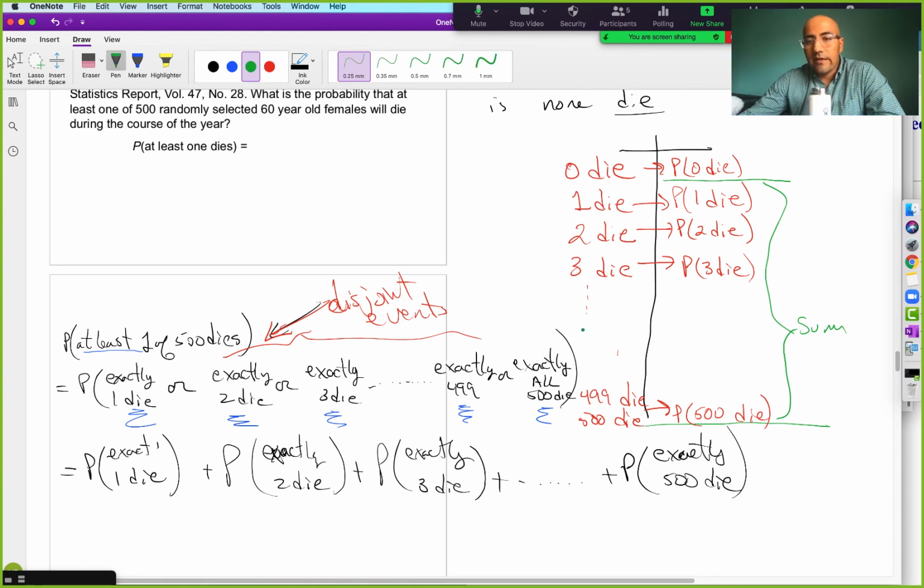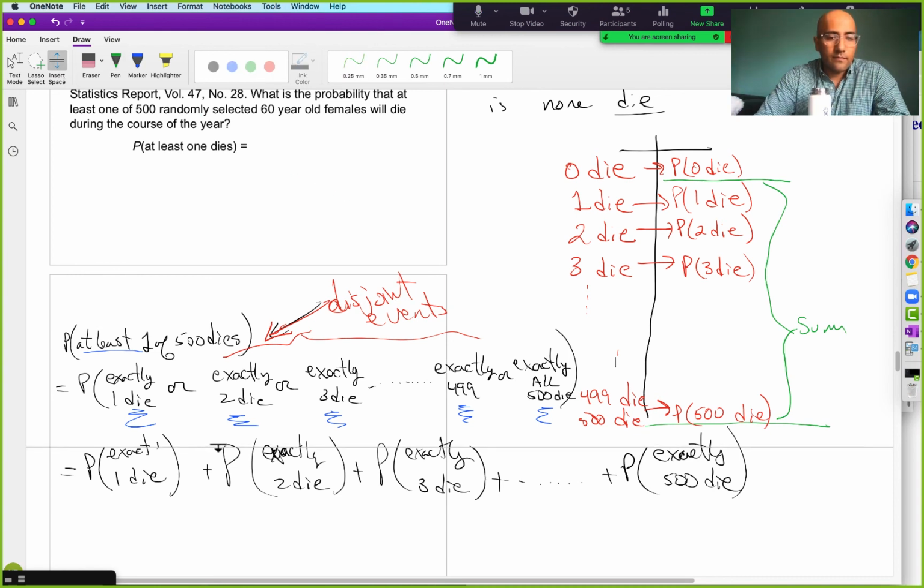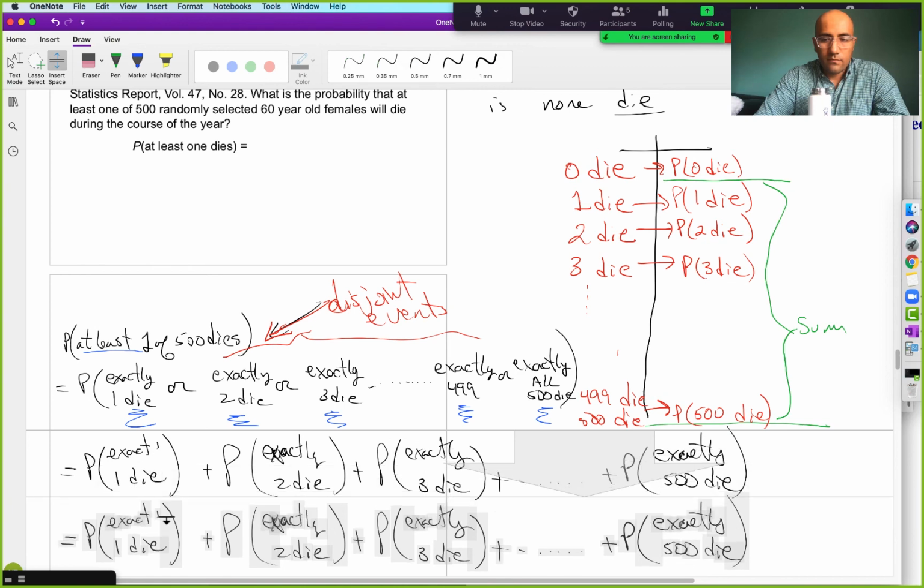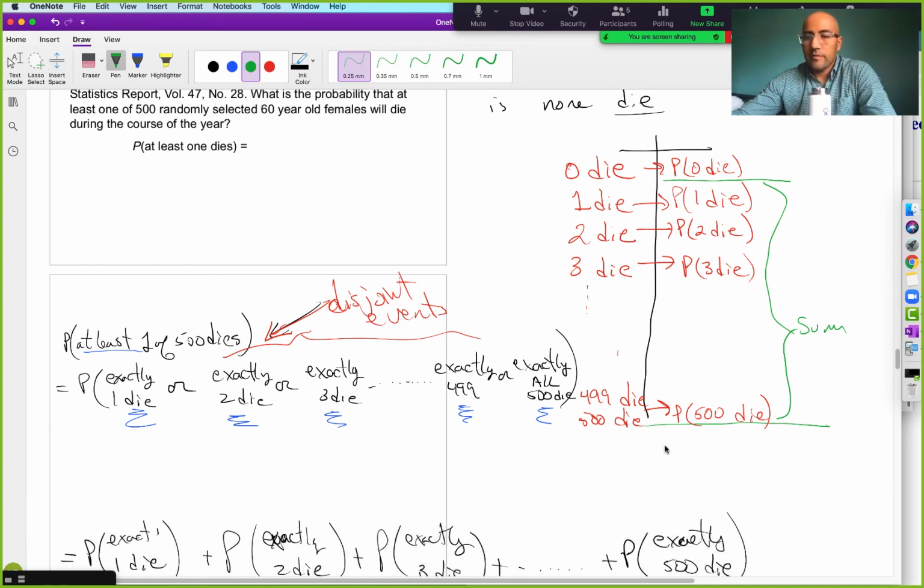I know that if this is a proper probability distribution, the sum of all of these must add up to 1, right? Let me make a little space right here. There, just wanted to make some space here. So I know that this is a proper probability distribution.